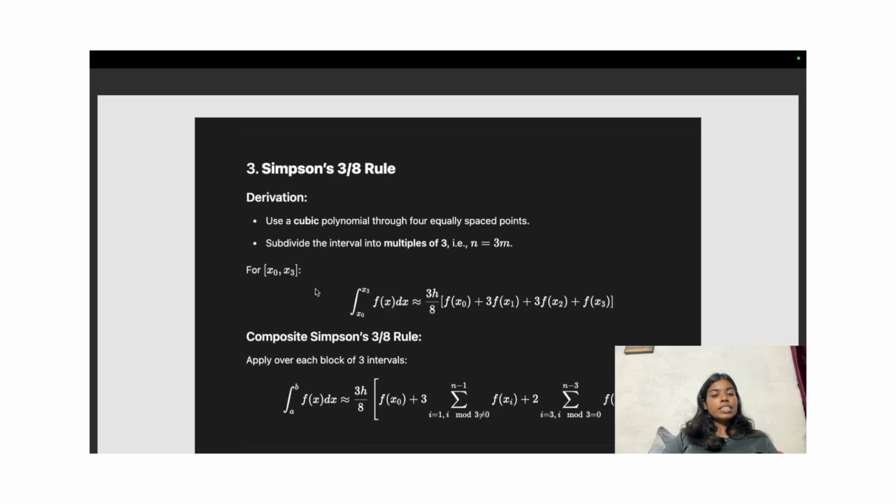For x0 to x3, the integral from x0 to x3 of f(x) dx equals 3h/8 [f(x0) + 3 f(x1) + 3 f(x2) + f(x3)]. The composite Simpson's 3/8 rule applies over each block of 3 intervals: the integral from a to b of f(x) dx equals 3h/8 [f(x0) + 3 summation over i from 1 to n-1 with i mod 3 not equal to 0 of f(xi) + 2 summation over i from 3 to n-3 with i mod 3 equal to 0 of f(xi) + f(xn)].